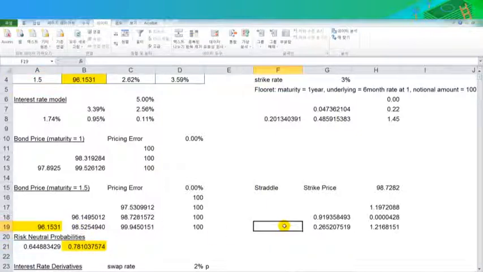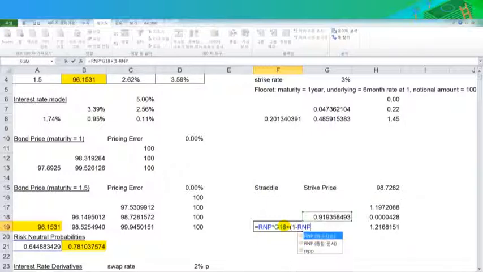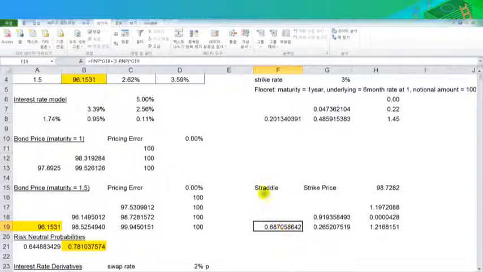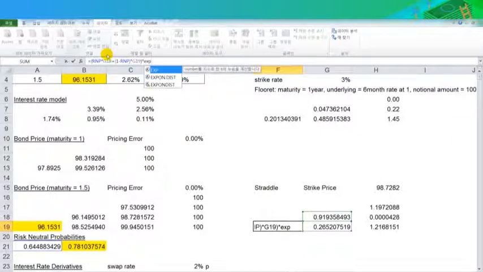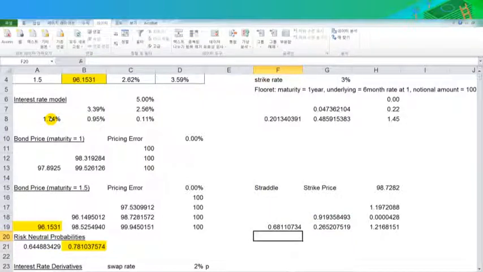So let's calculate expected value RMP multiplied by this one up scenario and 1 minus RMP multiplied by down scenario, and then we can discount it exponential of minus this one multiplied by 0.5. So this is our straddle price. So we computed our straddle price.